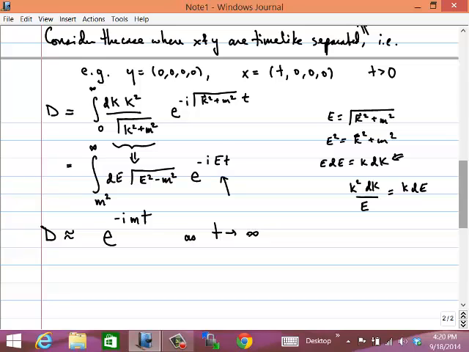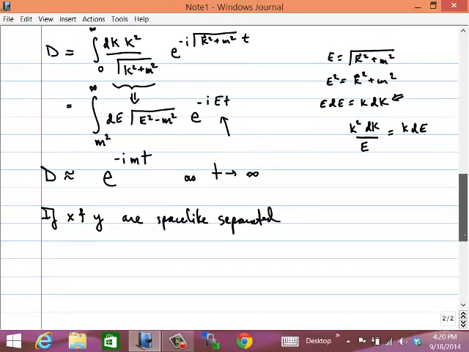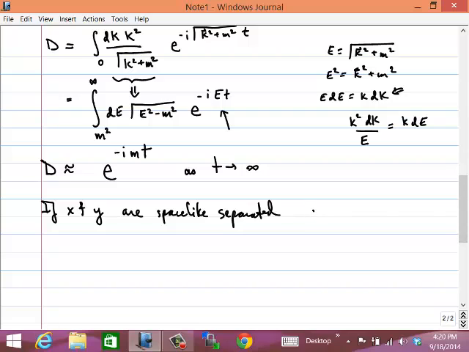Okay, let's consider now the more interesting case. If x and y are space-like separated, so let's say, for example, that x is equal to 0, 0, 0, r, then we're computing the amplitude for a particle to be created at time t equals 0 at the origin, and then arrive at time t equals 0 some distance r away.